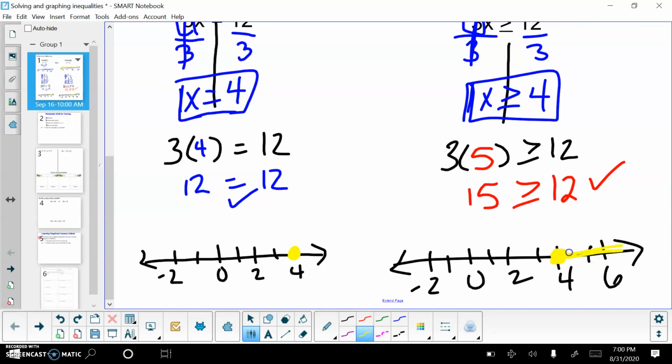And you're going to shade to the right to show that you're talking about numbers greater than or equal to 4. So 5 is a solution, 6 is a solution, 7, 8, you can just keep going. But also 4.1 is a solution, 4.2 is a solution, just anything greater than or equal to a 4.